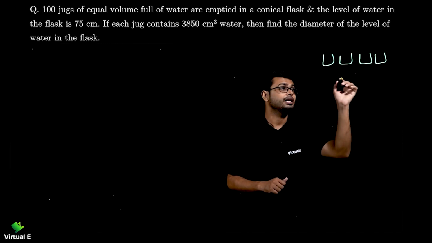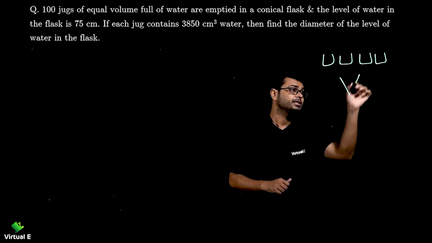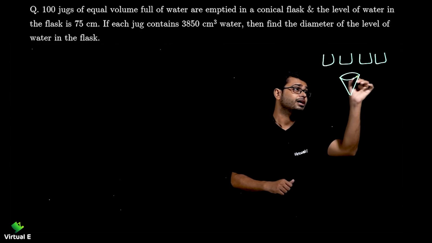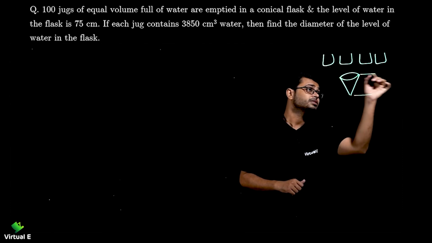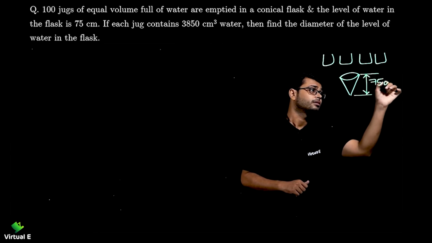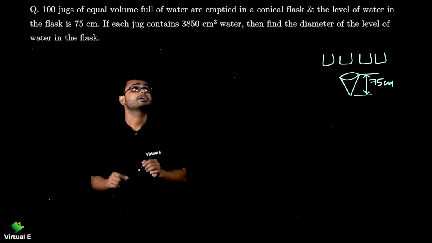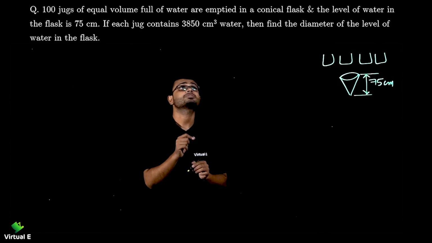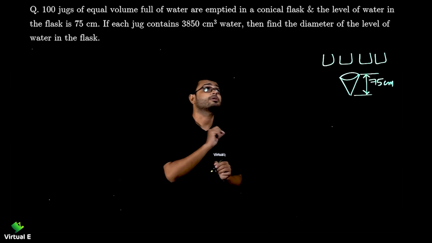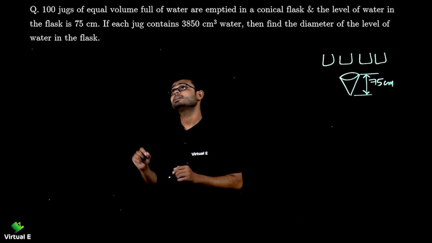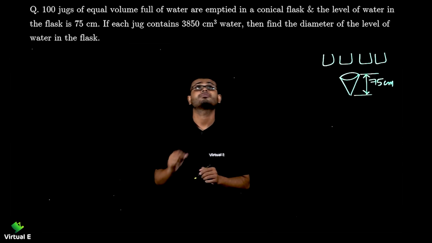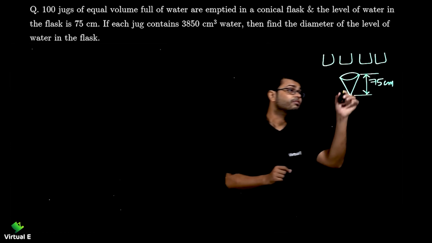If each jug contains 3850 centimeter cube water, then find the diameter of the level of the water in the flask.